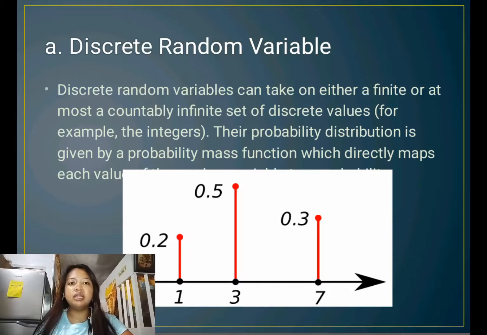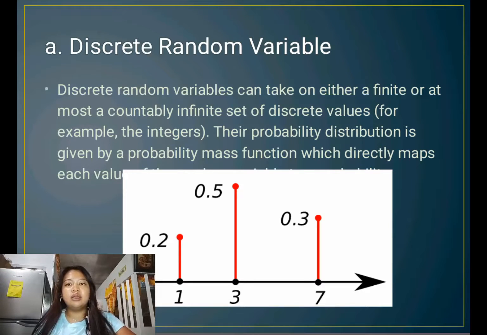Their probability distribution is given by a probability mass function which directly maps each value of the random variable to a probability. And below is one example of a discrete random variable.